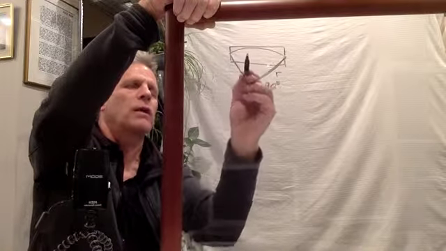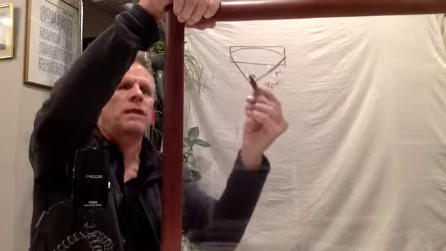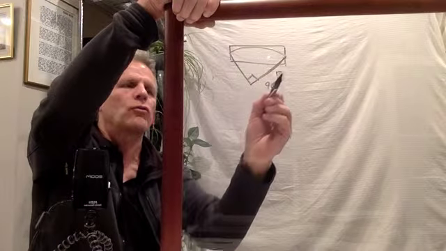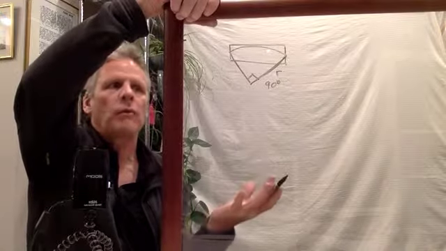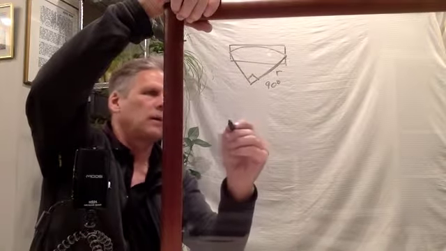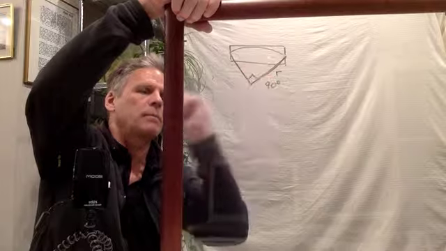What we're looking for is the magnetic field that will create a circle of this radius. Okay, so now we know what the problem is.